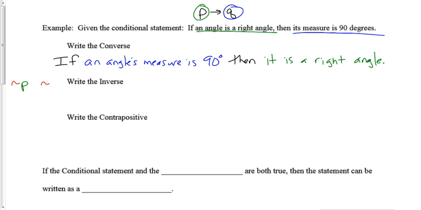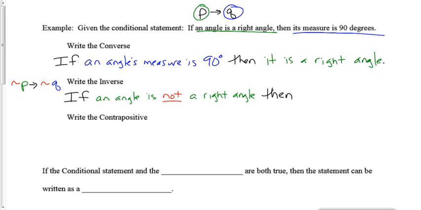So we're going to have not P implies not Q. So we start with the word if, and then I'm going to not the P, which means I'm going to have an angle is not a right angle. Then its measure is not 90 degrees.